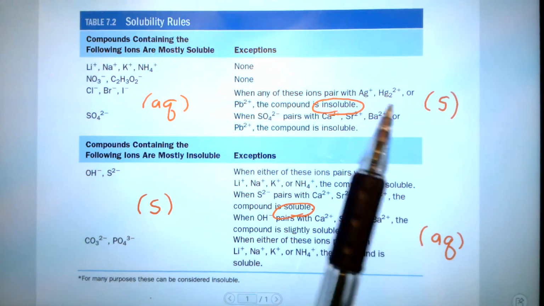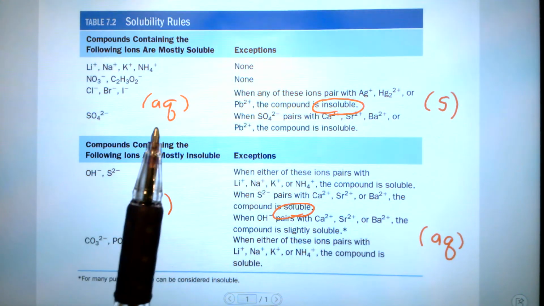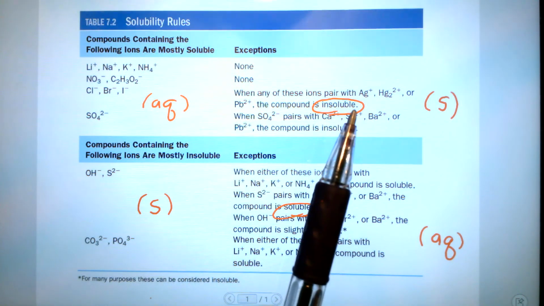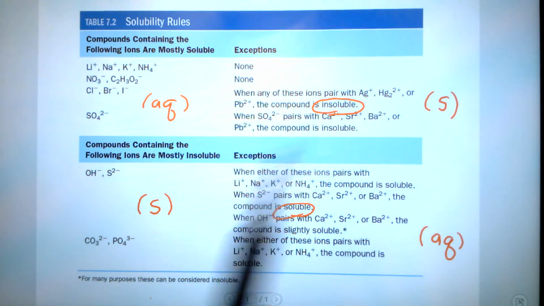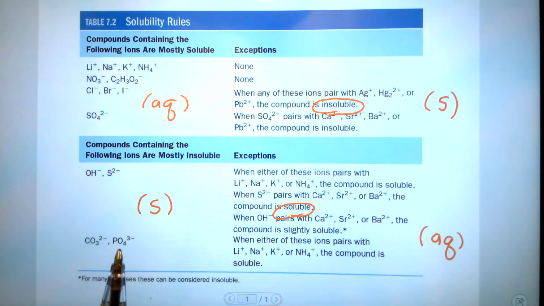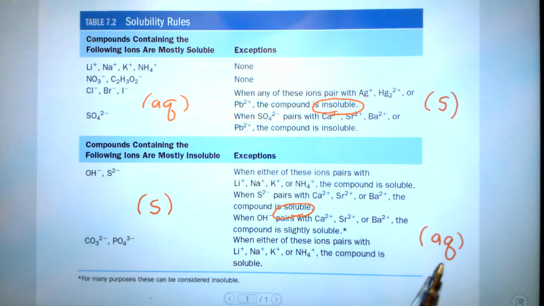And practice, again, reading this table where these ions tend to be soluble, except when paired with these particular ions, turns them insoluble. The opposite is true down below. These tend to be insoluble, except when paired with these, these turn them into soluble products. So again, learning to read the chart is going to be important for this chapter.